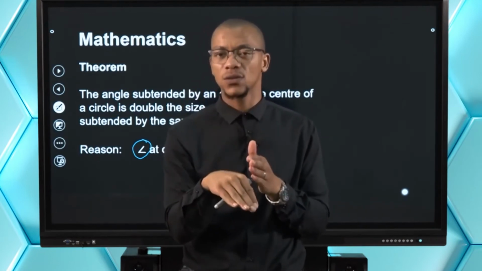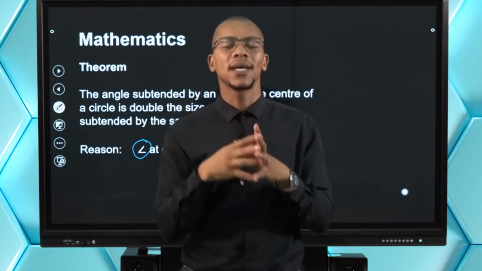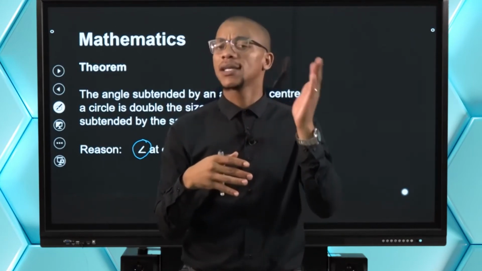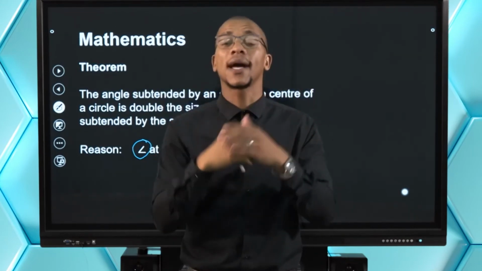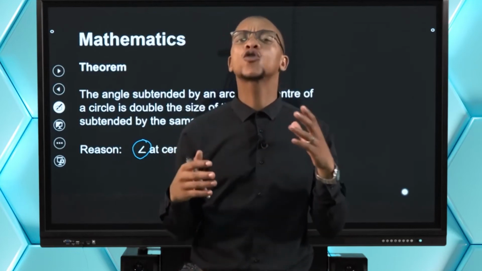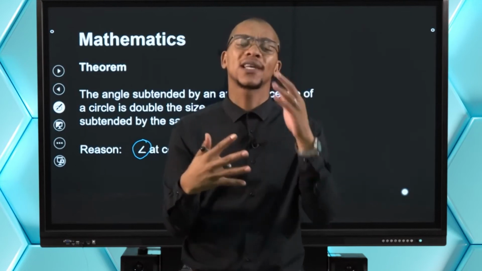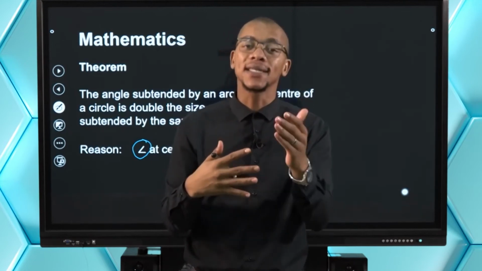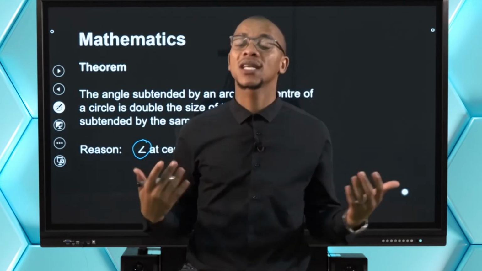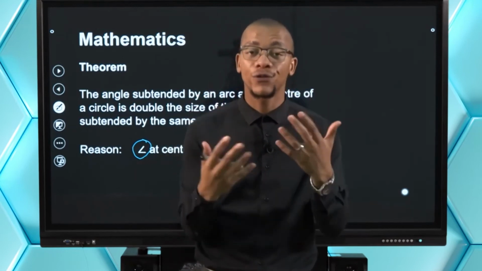Your reason will be what you are seeing on the board: angle at the center is 2 times angle at the circumference. So you don't necessarily need to prove the theorem itself. You can just use it because it has already been proven for you.